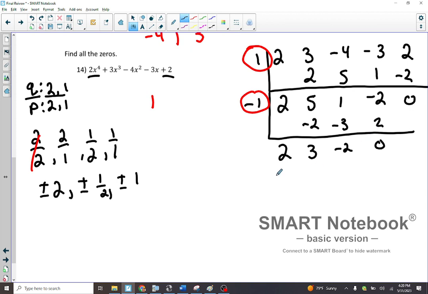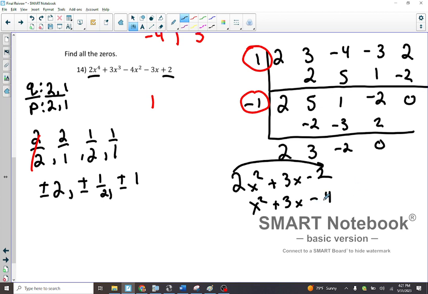Now you have this, which is 2x squared plus 3x minus 2. You could just factor this normally. x squared plus 3x minus 4. I bring the 2 over here. Things that multiply to negative 4 that add to 3: x plus 4, x minus 1. Then I could divide both of these by 2 because I borrowed a 2.